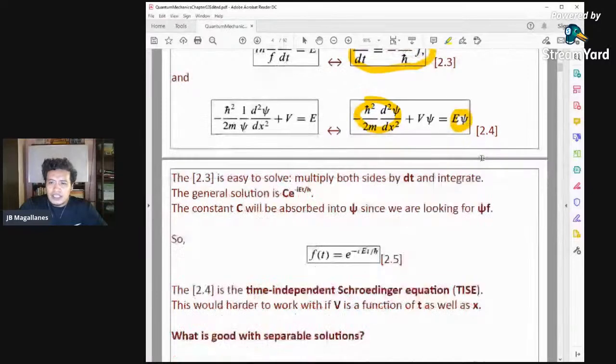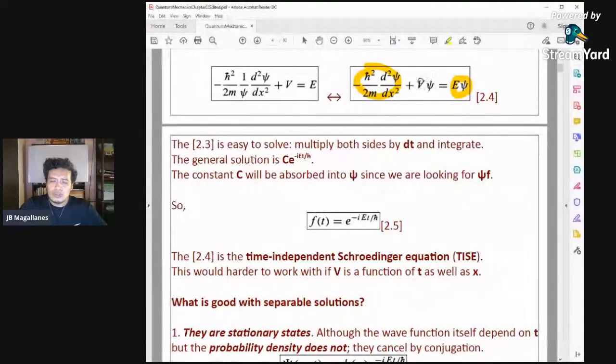It would be easier to work if this is also a function of space. Phi is a function of space. V is, of course, we assume in most of these lectures, if we deal with stationary wave functions, meaning wave functions that are only dependent on the position, that the potential V here is just a function of space.